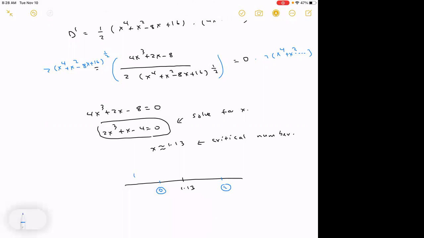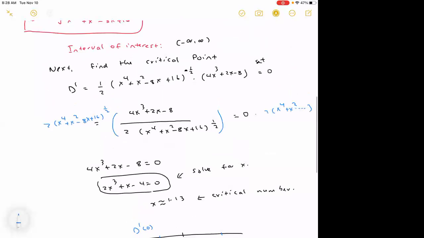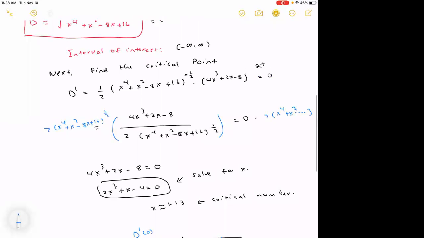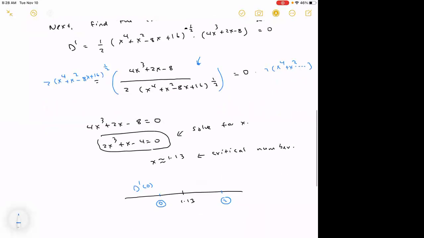So this is your derivative. Plug in 0 for x, you have negative 8 in the top, and some positive number in the bottom. So it is negative.